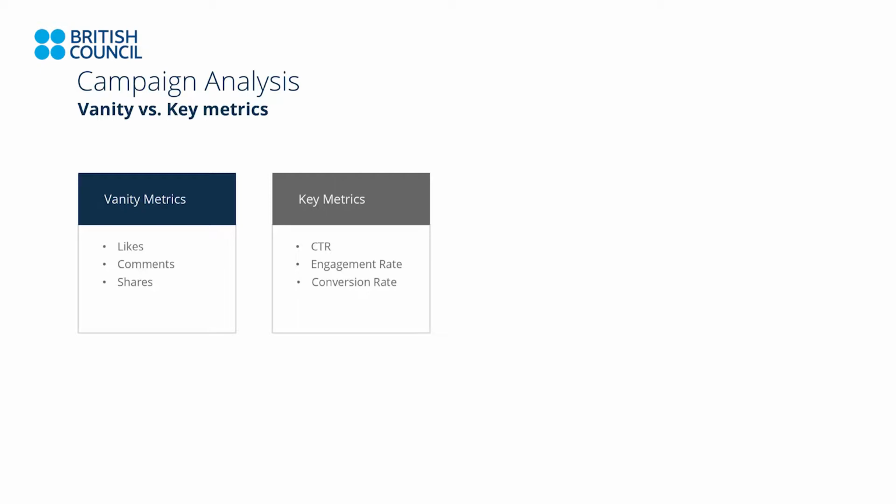But the vanity metrics like likes, comments, and shares, they get to the engagement, they get to the awareness, but they might not directly affect your company goals or your business bottom line. So when you're setting up your campaigns, understand the difference between a vanity metric, that's engagement, and the key metrics that can relate back to your company bottom line.